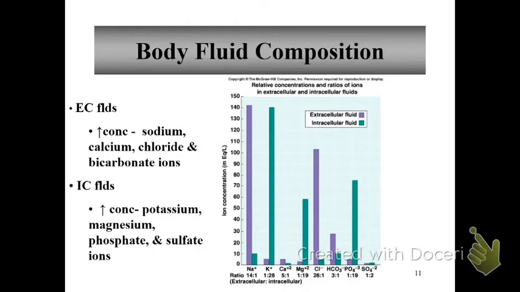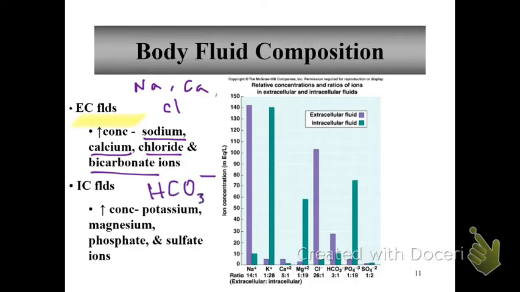Looking at this one, extracellular fluids, that's what EC stands for. Here we're talking about sodium, calcium, and chloride. On the test I may use the words in several questions and the symbols in other questions, so make sure you know sodium, calcium, chloride, and bicarbonate, which is HCO3 with a negative charge.